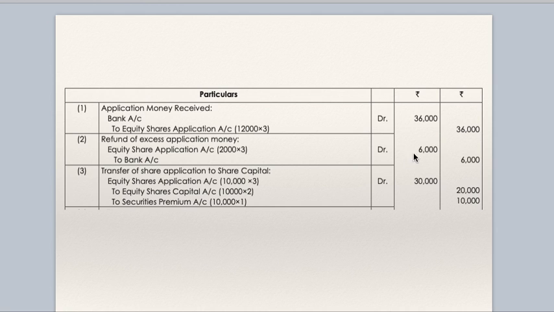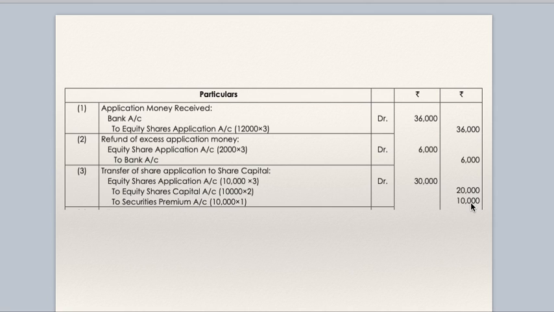36,000 minus 6,000, balance 30,000 they have in application account, which is to be transferred to share capital and securities premium. So equity share application account debit 10,000 into 3, 30,000. To equity share capital 10,000 into 2, to securities premium 10,000 into 1. So this application money 3 is including 1 rupee premium.